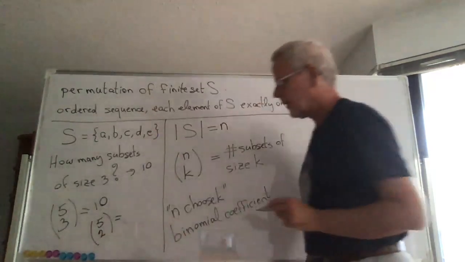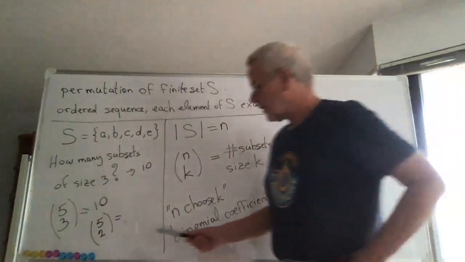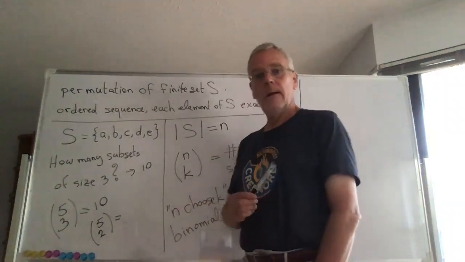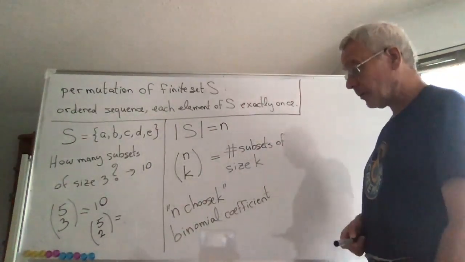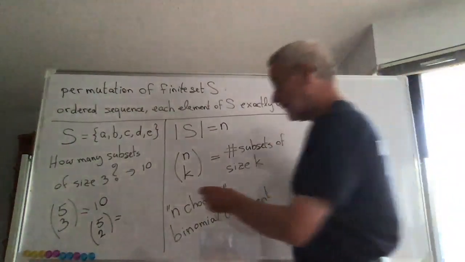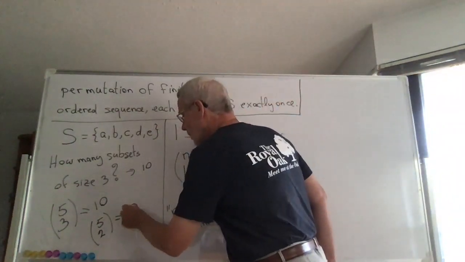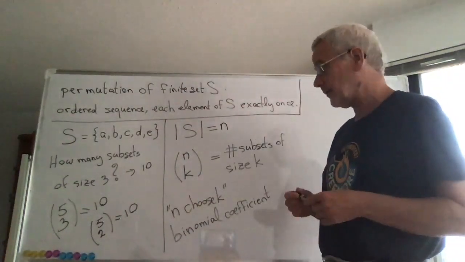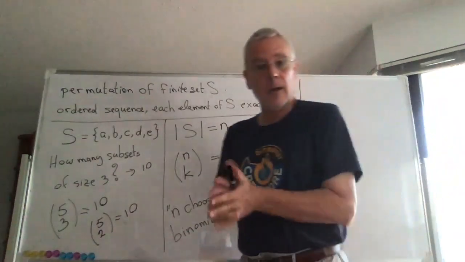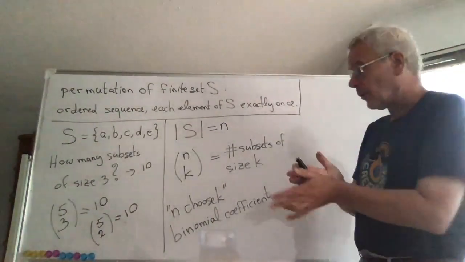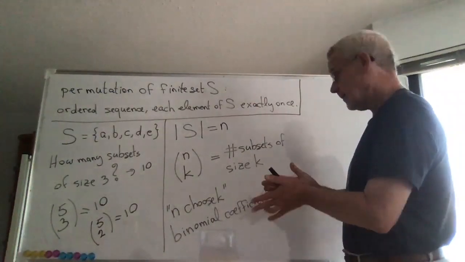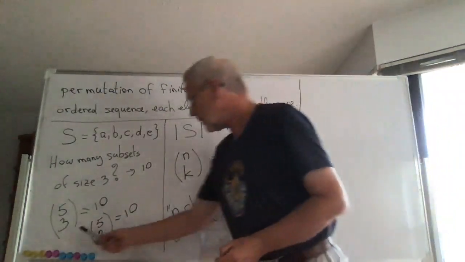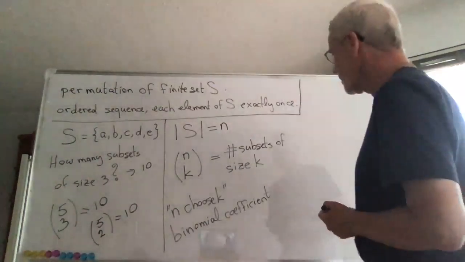So 5 choose 2 means you have a set of size 5 and you count subsets of size 2. You can write them all down explicitly, and then you will see that the answer is again 10. So 5 choose 3 equals 10, and 5 choose 2 is also equal to 10. And you see these are equal, and that's not a coincidence. In a few lectures, I will show you a very easy explanation why this number must be equal to this number.